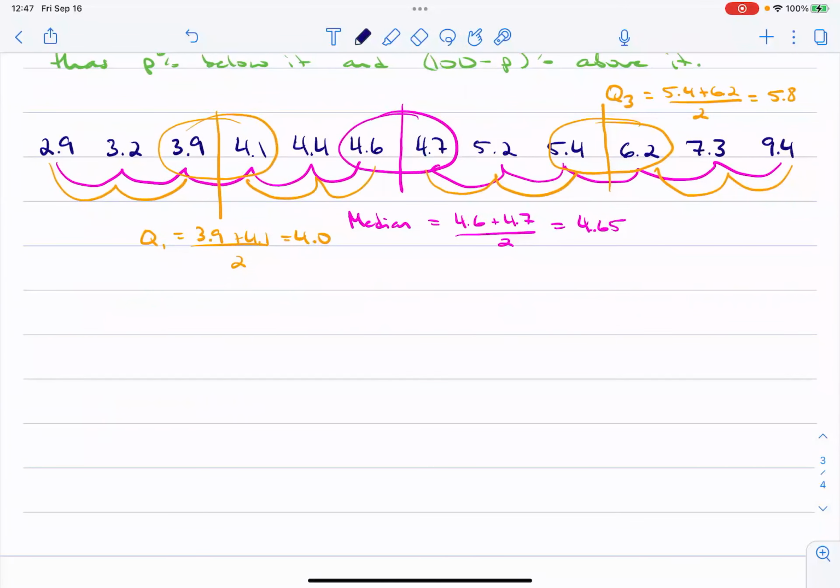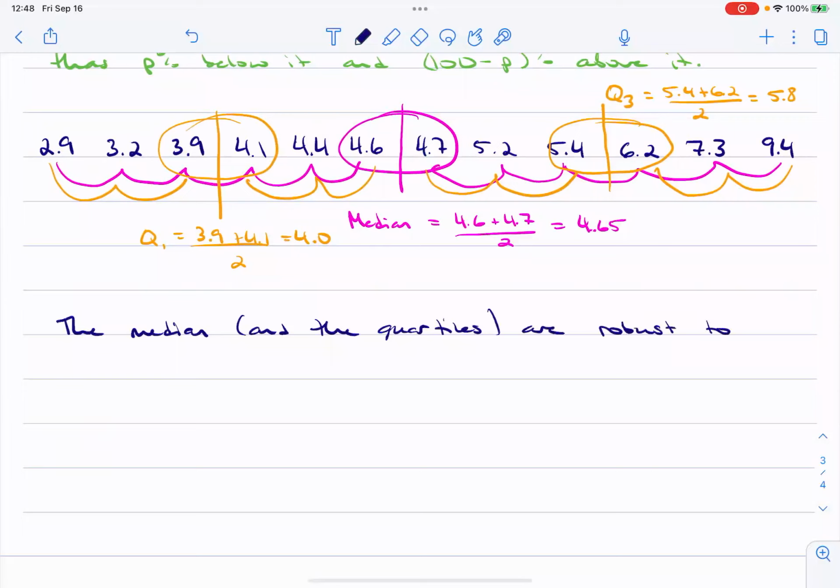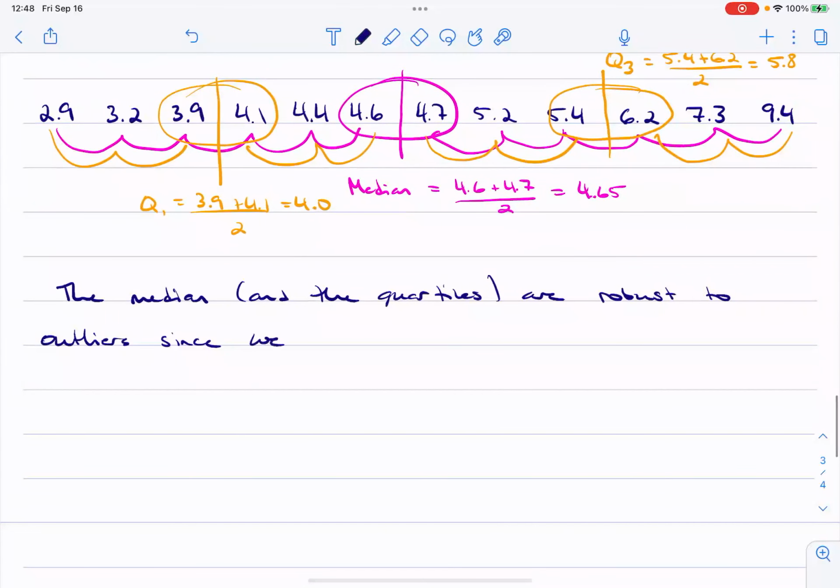So the median, and I'll say, and the quartiles, are robust to outliers since we could change 9.4, for example.